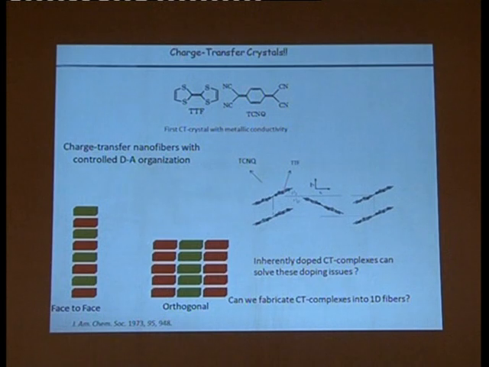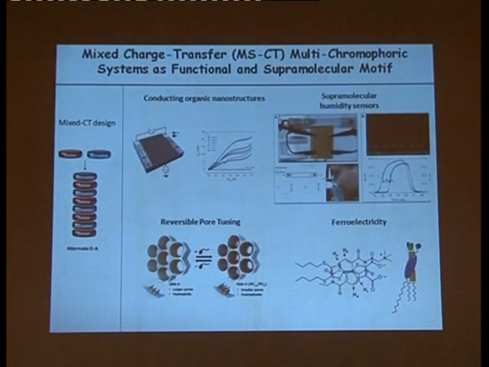So the question we asked was, can we make a supramolecular analog of it? Can we make a conducting organic fiber which has a molecular organization of donor and acceptor molecules that is cofacial? So that was the interest. The challenge is how to make such a nanofiber, which has an alternating arrangement of donor and acceptor. So that was one of the challenges.